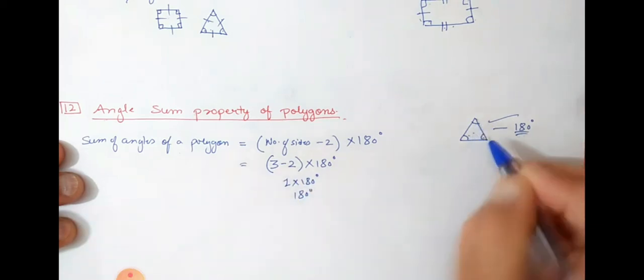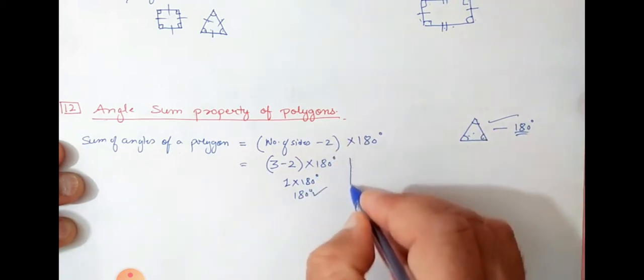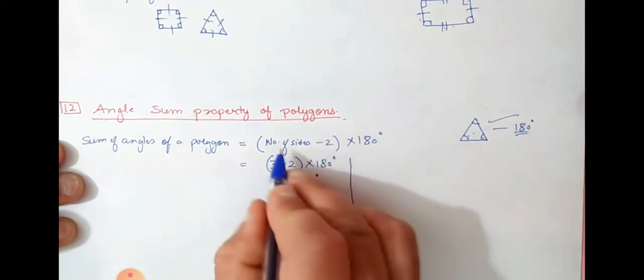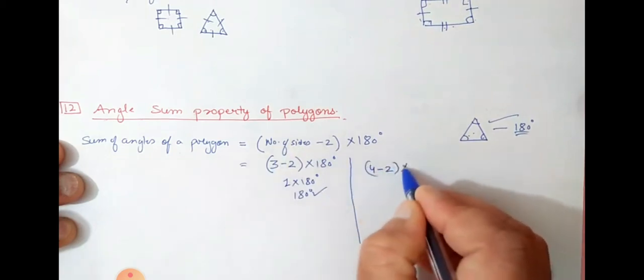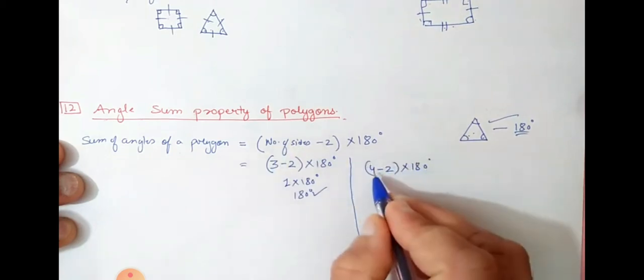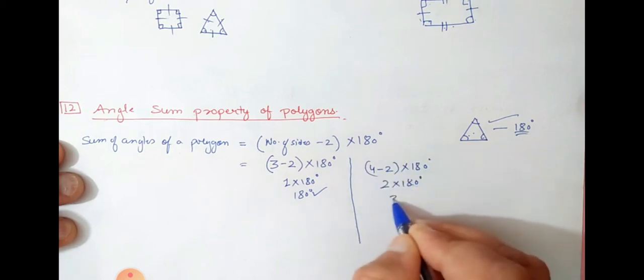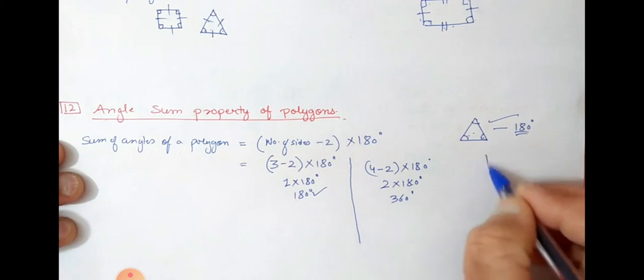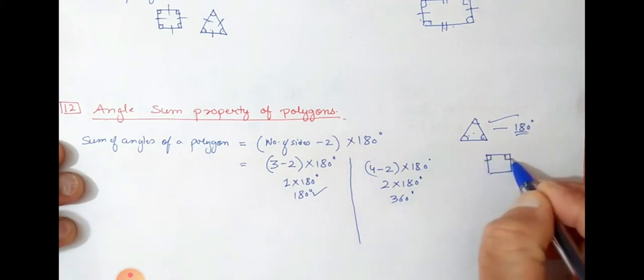The sum of the three angles of a triangle equals 180. Suppose 4 sides, quadrilateral, we take now. 4 minus 2, into 180. 4 minus 2 means 2, 2 into 180 is 360. The sum of the angles of a quadrilateral equals 360, isn't it?